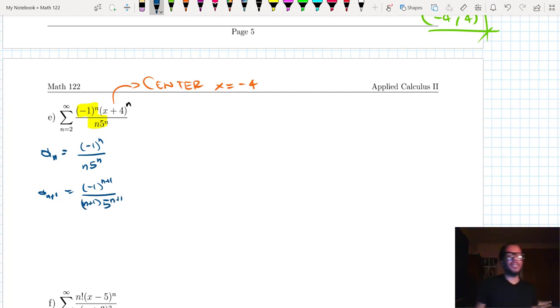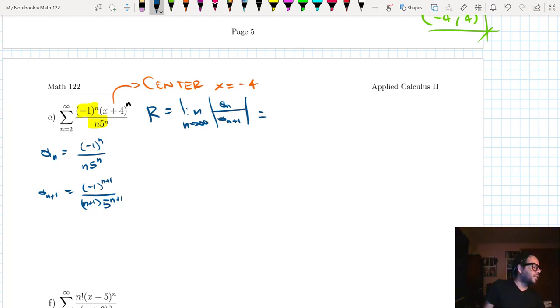Okay, let's find that radius of convergence. R equals the limit, a sub n over a sub n plus 1, absolute value of that ratio as n approaches infinity.